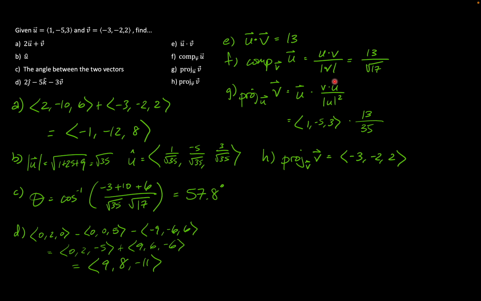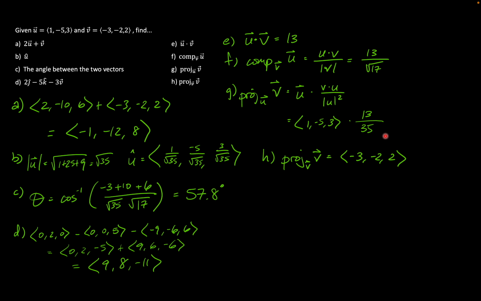We talked about how the dot product is commutative because I can switch the vectors around and get the same answer. So v times u is still 13. Magnitude of u we found before, that was root of 35. Now I have that squared, so just 35. And this is the vector u, so I could multiply this vector by this scalar to simplify this further.